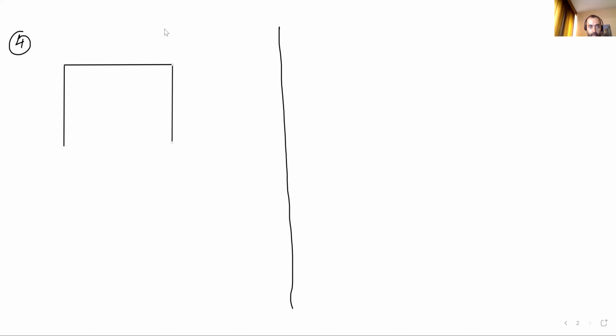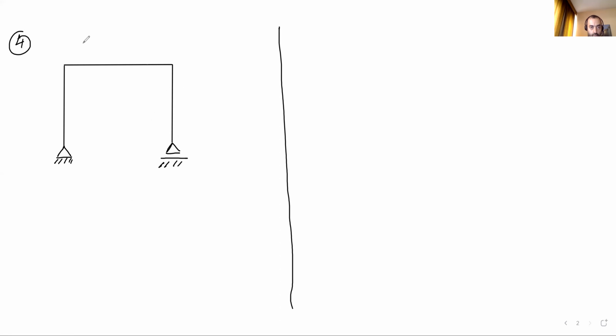Okay, we have a frame here. Here we have a pin support, a roller support.